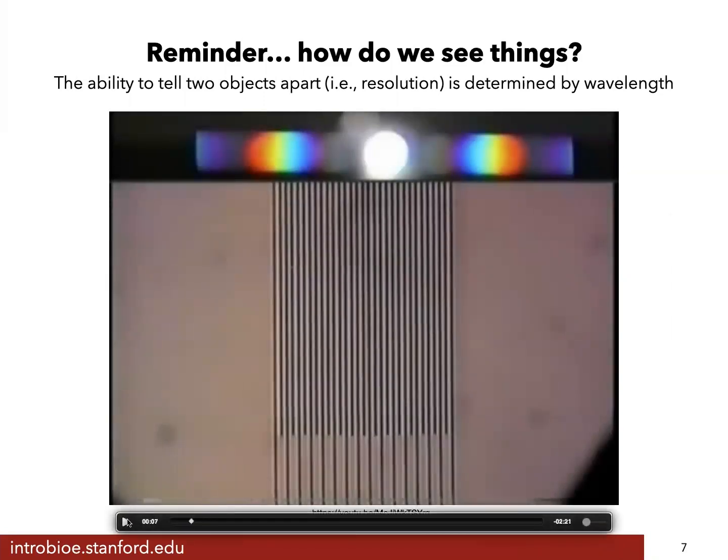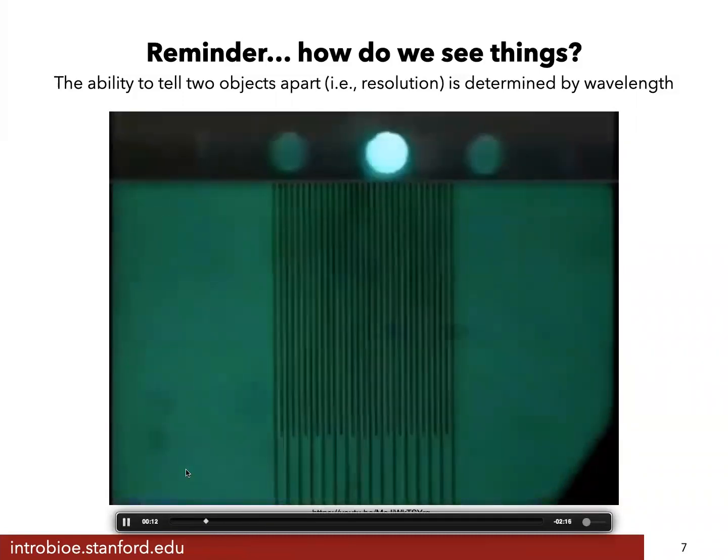I've got an object that is just a pattern of lines, and the lines are some distance apart. Right now, because we have a whole bunch of different wavelengths of visible light looking at this microscopic object, we can see the lines as being different from each other. But in this clever example, we're going to use green light. So suddenly we're only looking at this object using green light, which has a particular wavelength, and we can still see it.